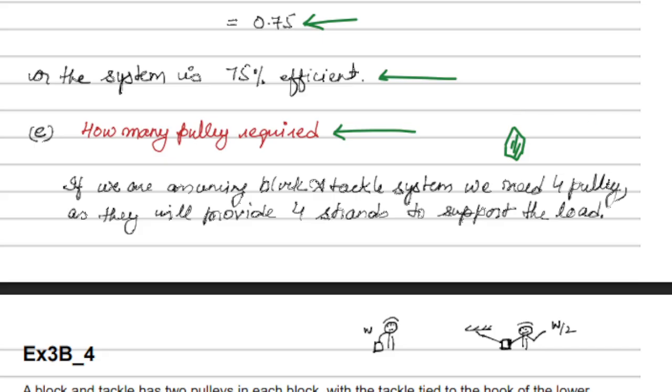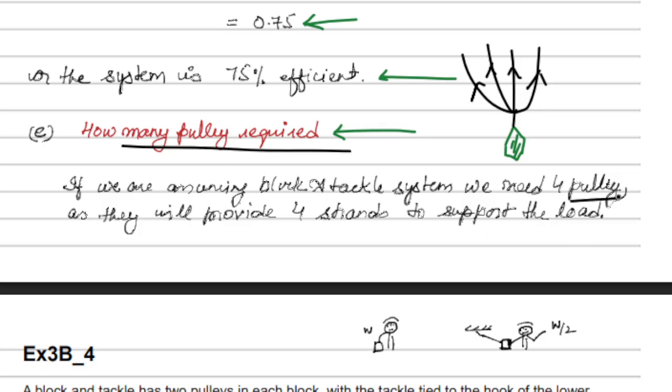So in case of block and tackle system, you will see eventually there will be 4 strands which will be supporting this. 1, 2, 3, 4. So that is why 4 pulleys in block and tackle system. That's why we can tell that the number of pulleys will be 4.